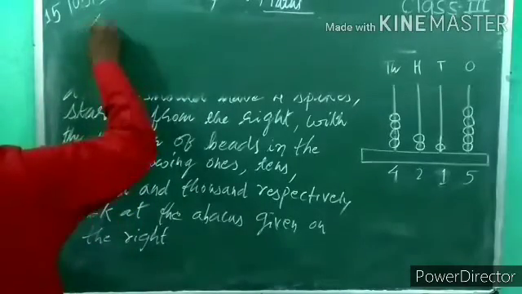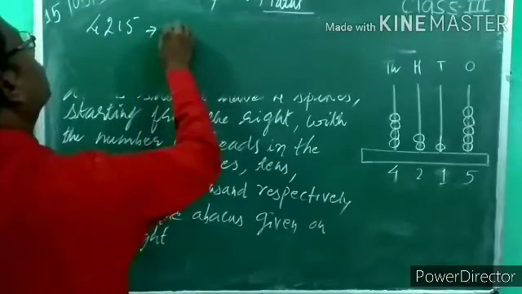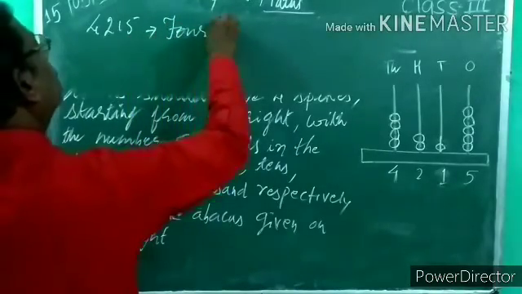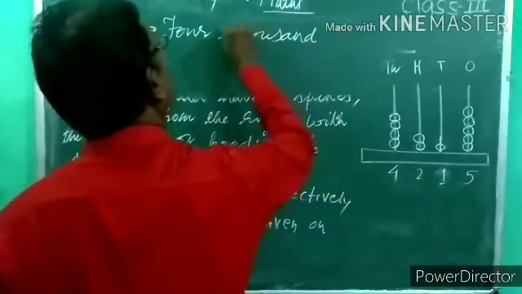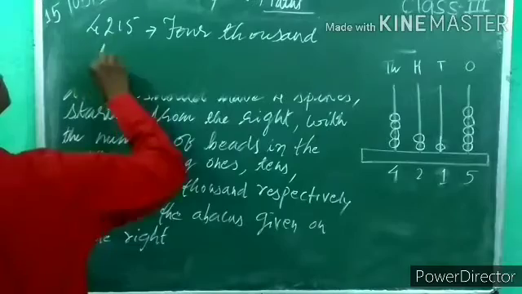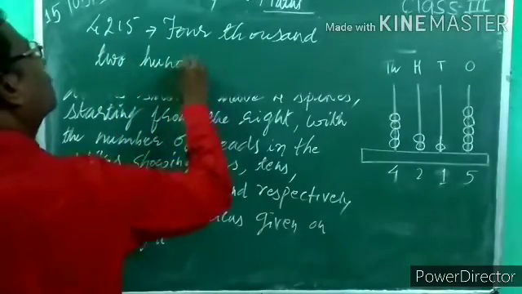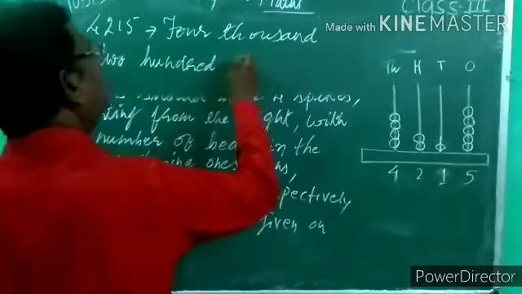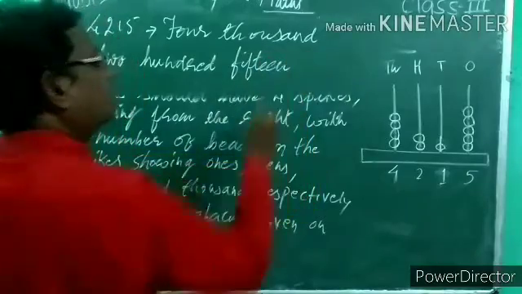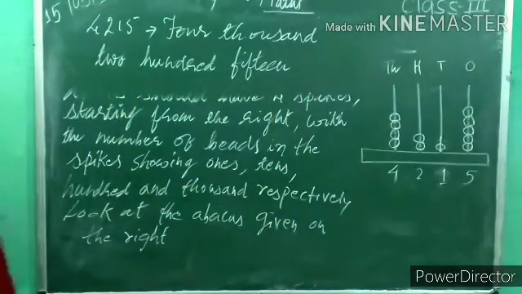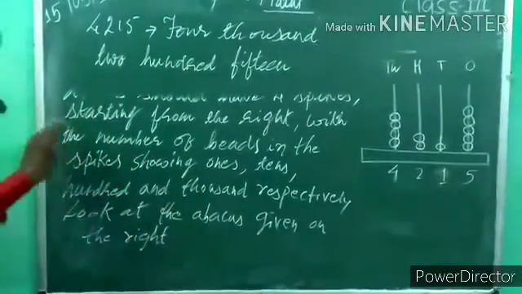So we can write 4215 in words as 4000, 200, 15. Understood?